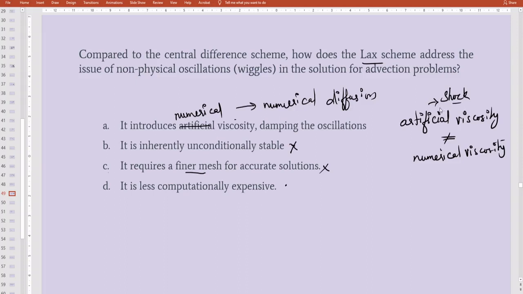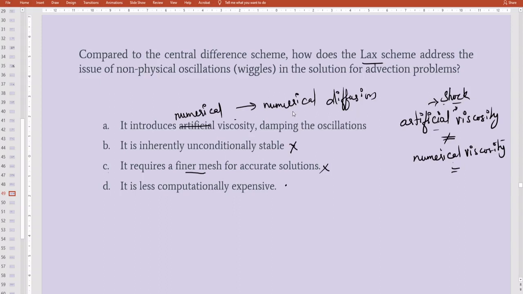So to overcome regions of physical discontinuity, some terms of artificial viscosity are induced in our schemes. Whereas numerical viscosity is numerical diffusion.